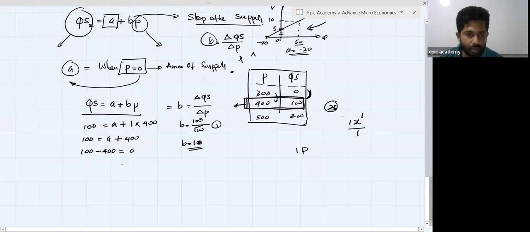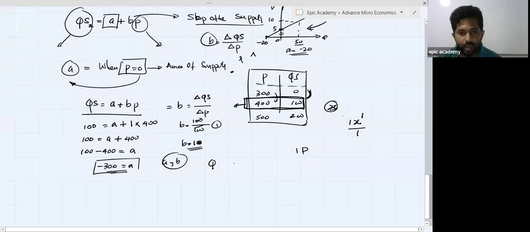So it equal to A. Minus 300 equal to A. Right? So we got the value for the A and B. Now we can derive the supply equation. QS equal minus 300 plus P.